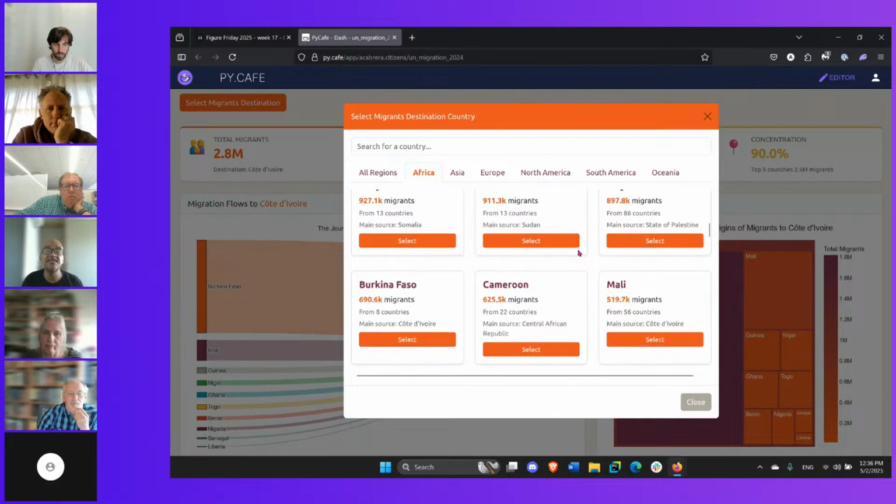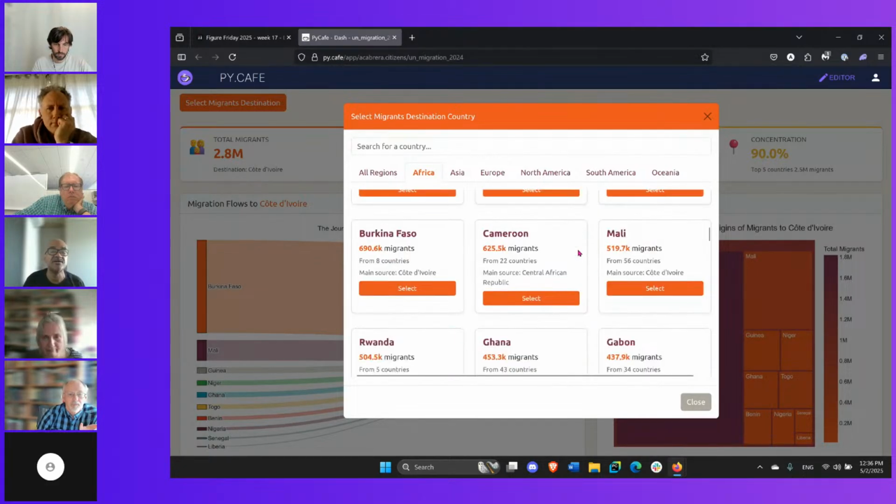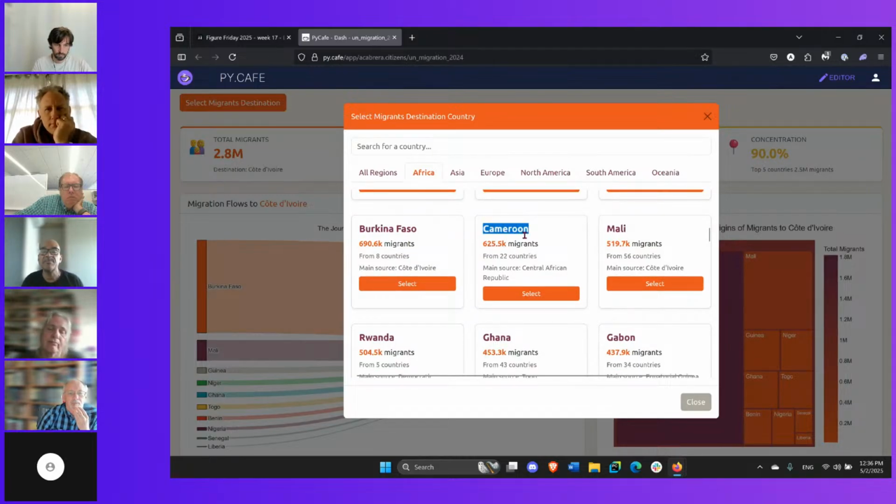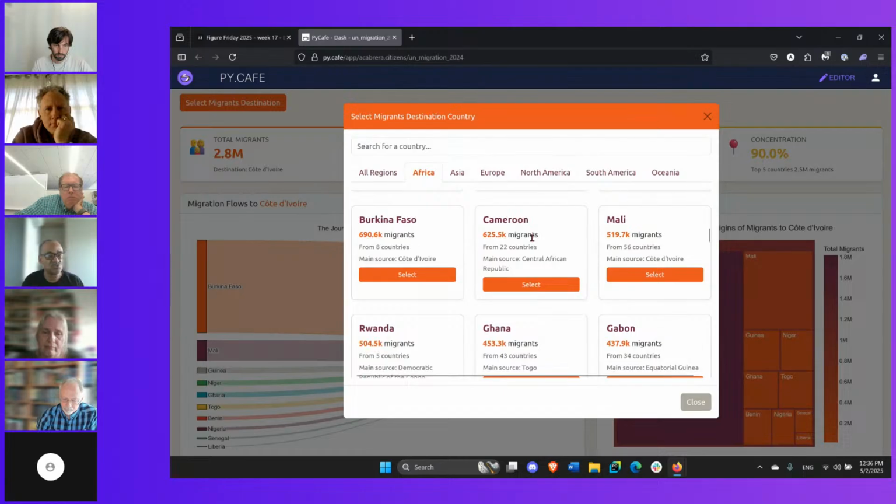For instance, select Africa, and here we have Burkina Faso, Cameroon, and so on and so forth. Obviously, this data is the total immigration until 2024.